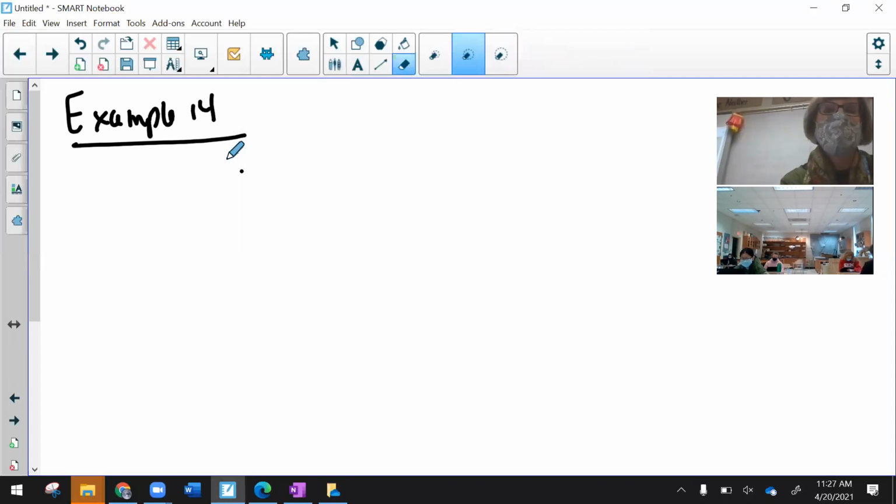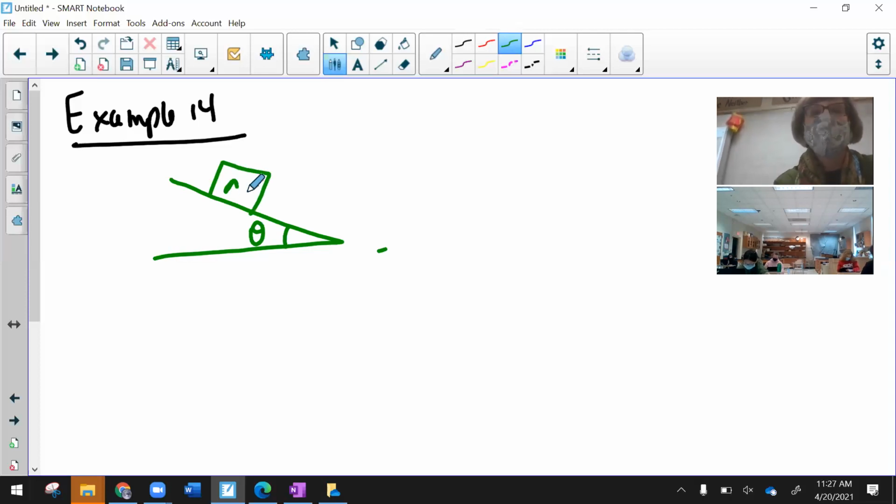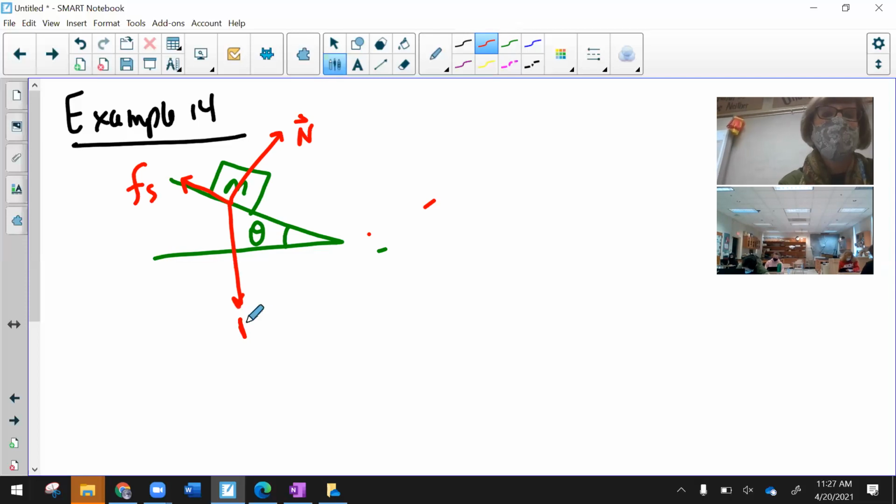Okay. So it's at some angle, which for the moment we'll call theta, but will be 20. Okay. So here's cabinet M. I've got a normal force that goes that way, a static friction force that goes that way, and my FG goes like that.